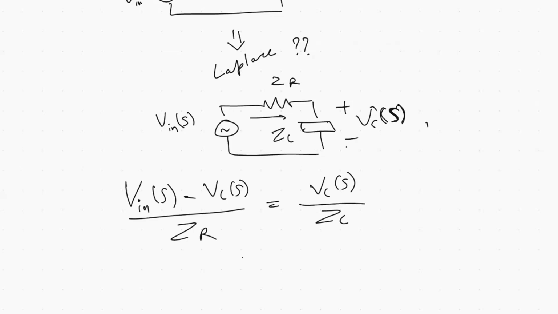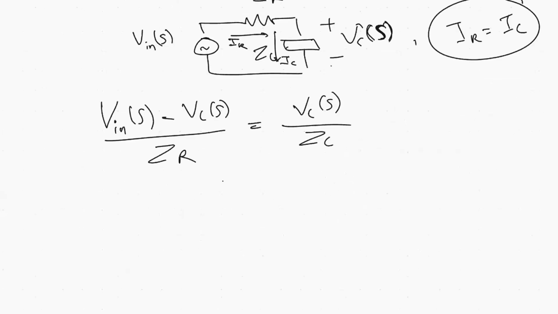IR is equal to IC, right? Now, simplifying this further, I'm trying to get an equation for VC of s in terms of V in of s and ZR and ZC. So I'm going to get all the VC terms to one side.